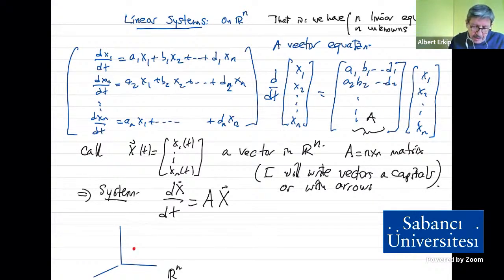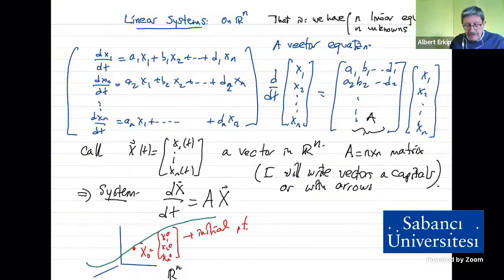We have a starting point, say the vector x0, which is x1,0, x2,0, and xn,0, the starting initial point. And then the solution of the equation will give us a curve. This is the curve X equals x of t, as a parametrized curve.